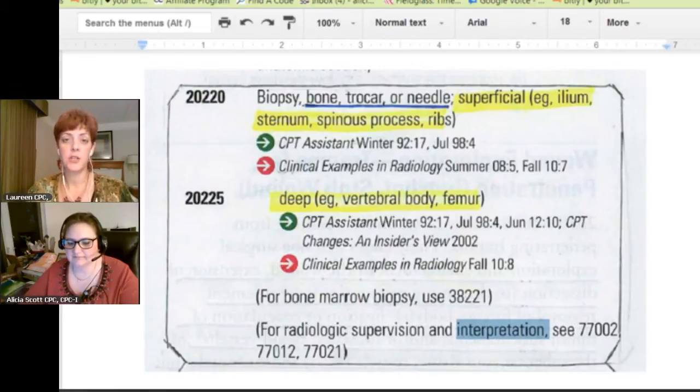So they said, let's just have separate codes. You use the surgery codes for that piece of the story, and the radiology codes for that piece. If the physician that you're coding for did both pieces, then you code both codes. If they only did one piece, you just code the one piece. So that phrase, supervision and interpretation, is a heads up that it's part of that two-code story.